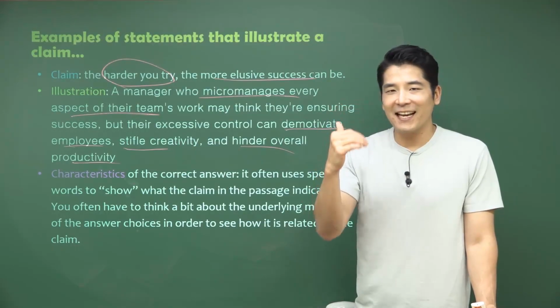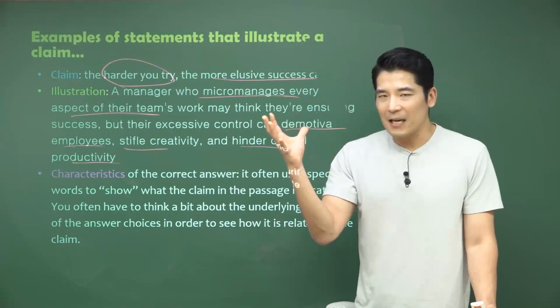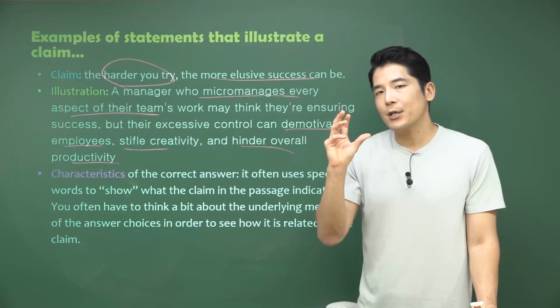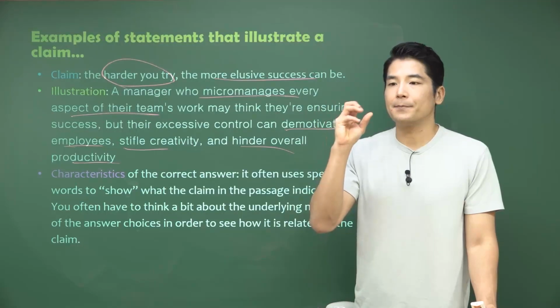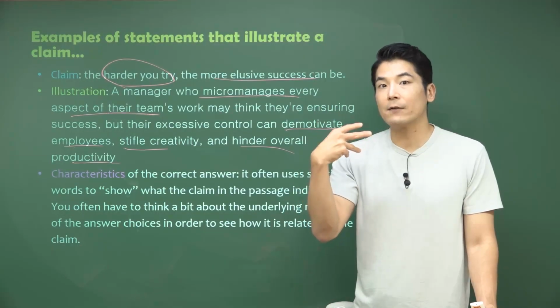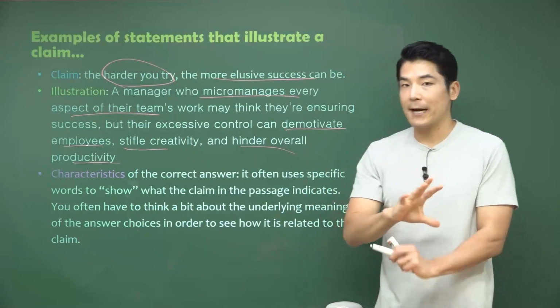If it doesn't relate to the claim directly, then it's not going to be your correct answer. It's going to be considered off topic. So you have to make sure that your answer choice directly relates to what the claim is talking about. That's one characteristic for sure.